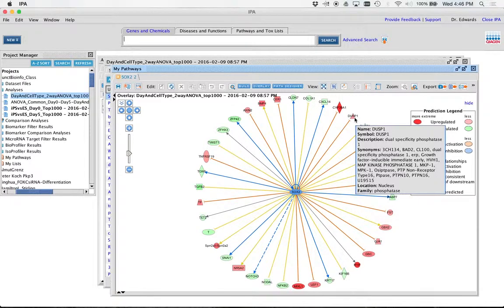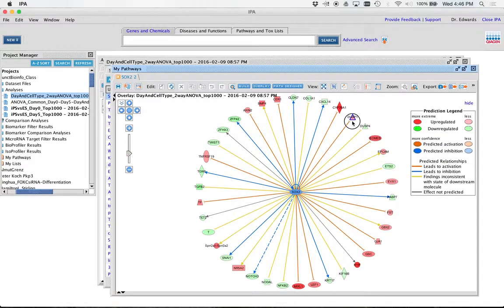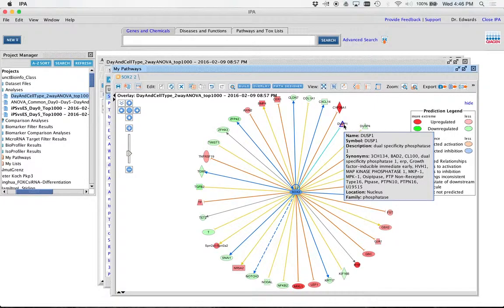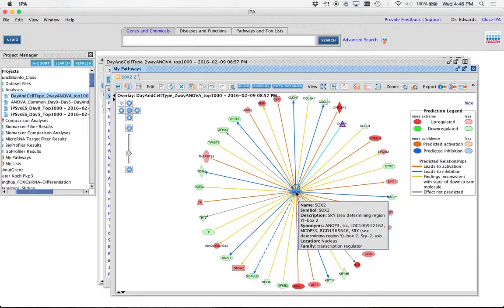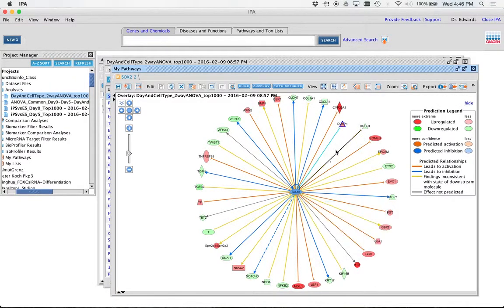Ooh, there's DUSP1. Again, as you go through these things, you just find these connections. I just found this now. So we've got a known effector for the embryonic state interacting with a known inhibitor of the EMT transition.